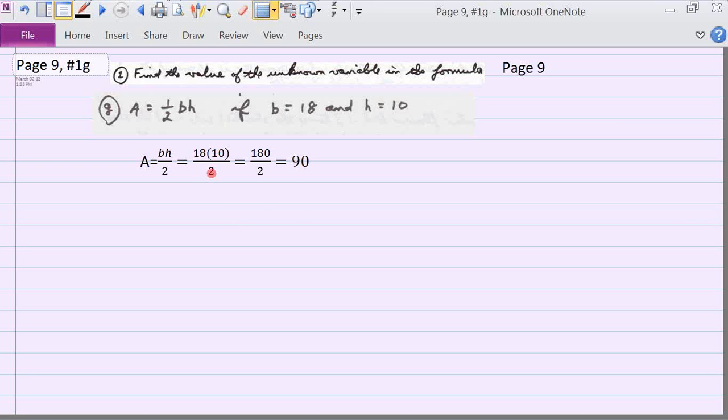That would be okay. We could have divided 2 into 10 and gotten 5, and 5 times 18 would give us 90. So there's more than one way to get the solution, but again here we have 3 variables, A, B, H. We're given B, we're given H, and we're asked to calculate A.